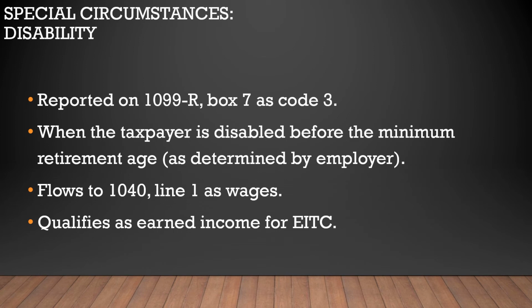And as we talked about before, there's a little checkbox in the input screen for the 1099-R that allows you to count this as wages, and that allows our taxpayer to use this as earned income for the earned income tax credit.